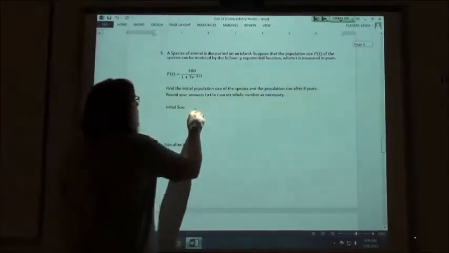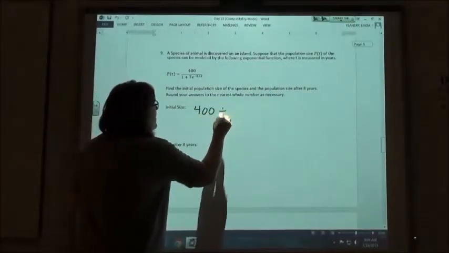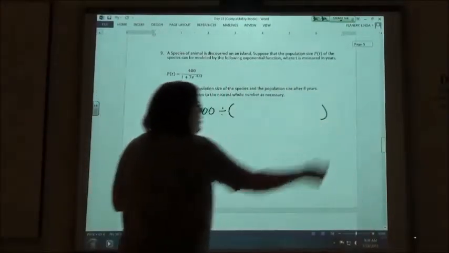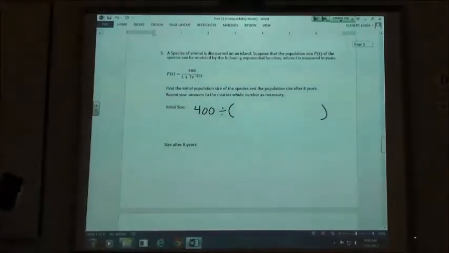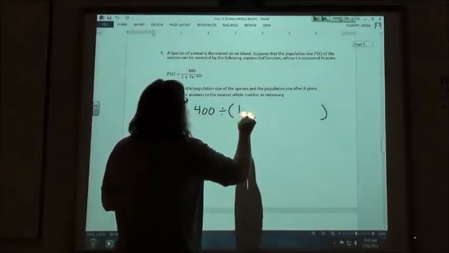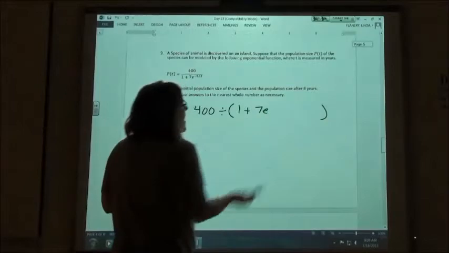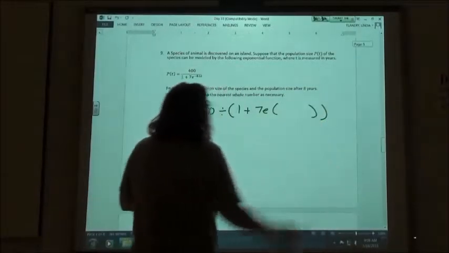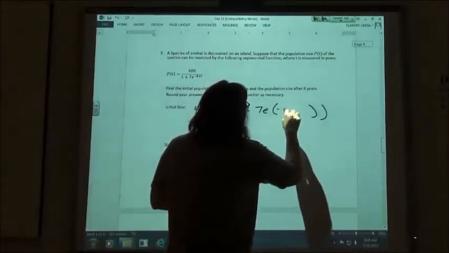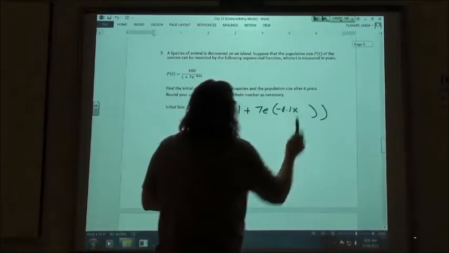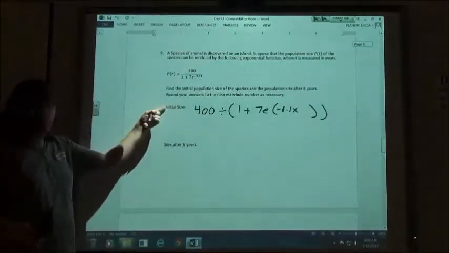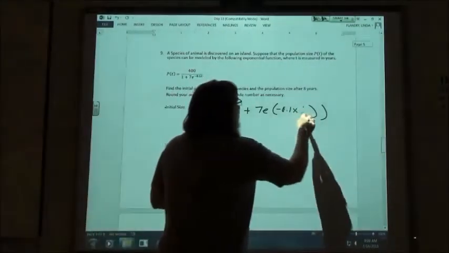So I would say 400 divided by, and since the calculator has to do the bottom part first, we got to put parentheses around there. 1 plus 7e, and then for our e, we also have to have parentheses around that. Negative 0.1 times our time, since the initial size, time is 0.